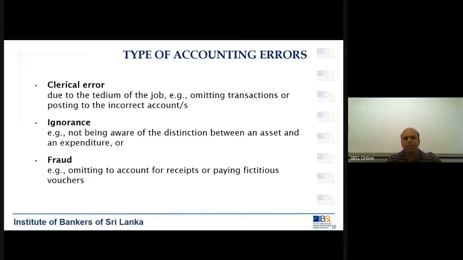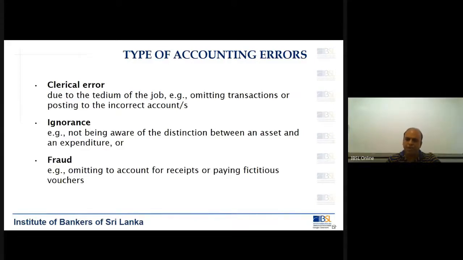Thirdly, there could be frauds. There could be frauds where people intentionally do mistakes. So these frauds may include omitting to account for receipts or paying fictitious vouchers. That is, you exclude certain income that you have received.